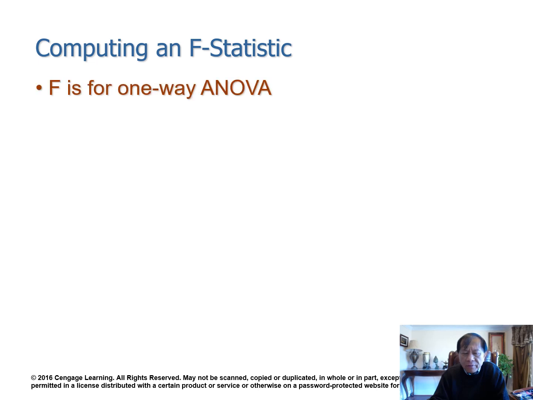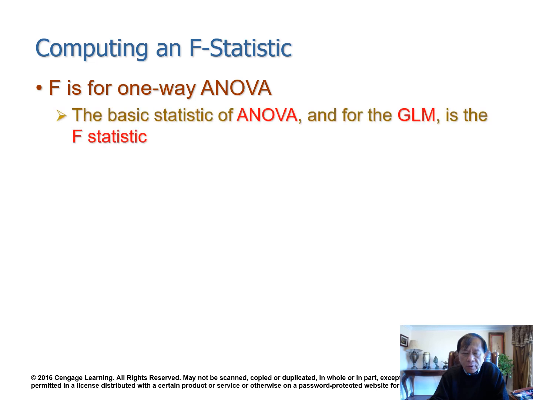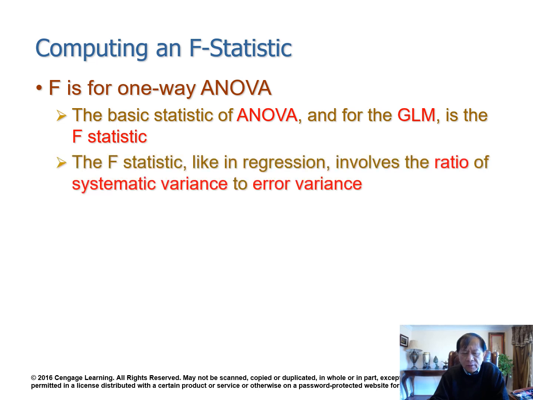Let's talk about the F statistics. We know that in ANOVA, we use the F statistic. The basic statistic for ANOVA and for GLM is the F statistic. The F statistic, like in regression, involves the ratio of systematic variance over error variance.